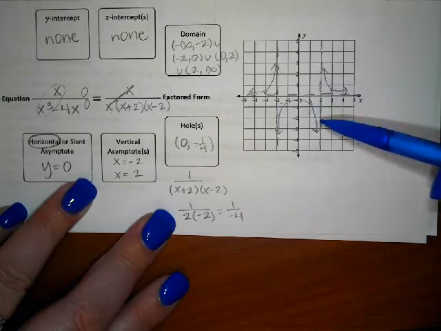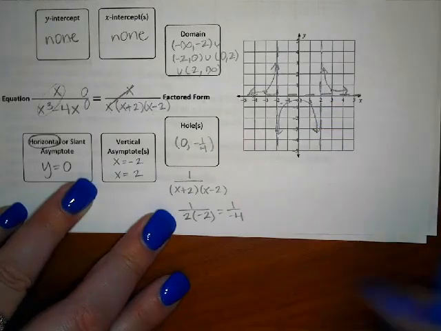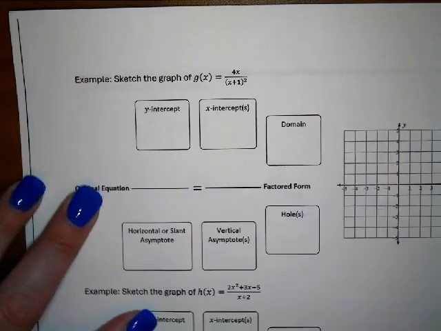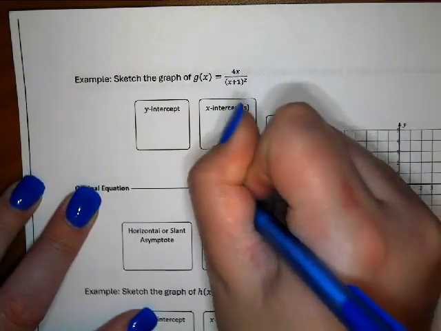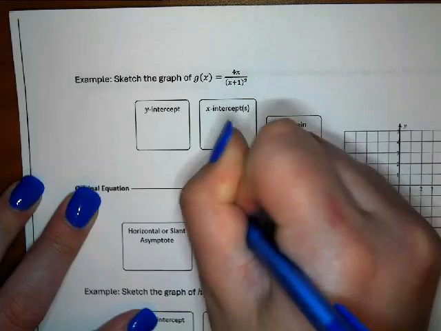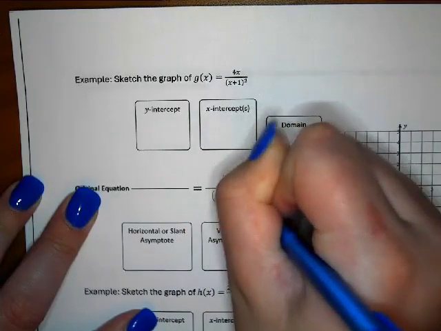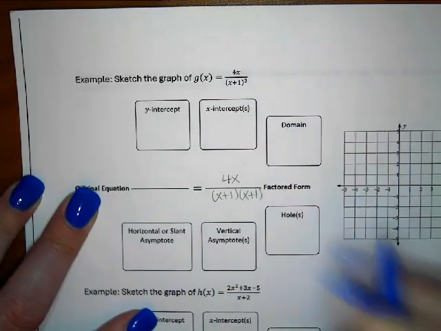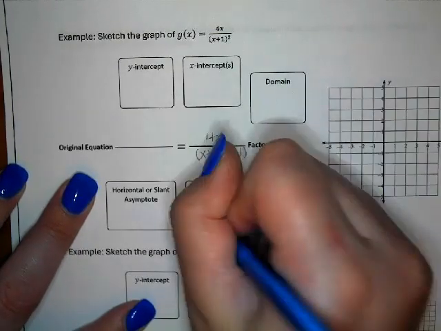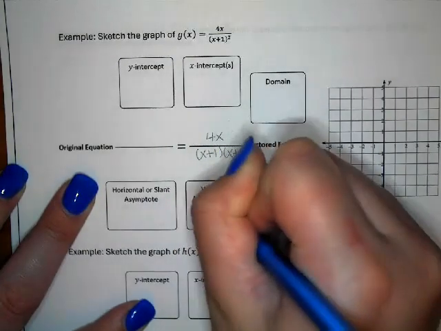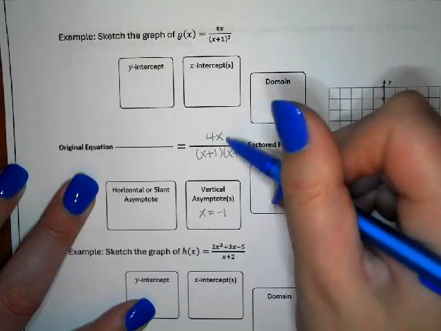Okay, let's try the next problem. All right, so this one says 4x over (x plus 1) squared. So that's the factored form. So we know the vertical asymptote is at x equals -1. There are no factors that can cancel, and so there's not a hole on this graph.